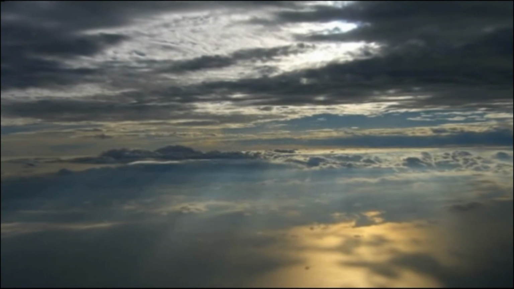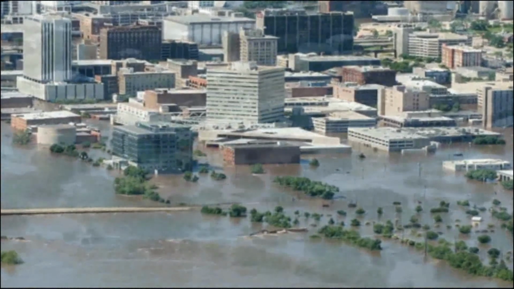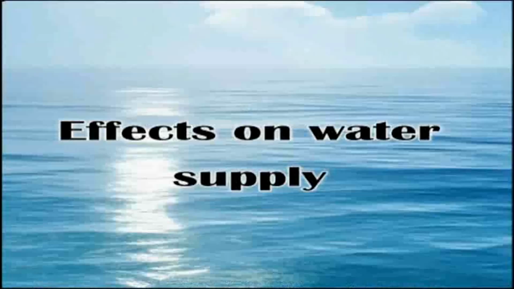Climate change is also likely to cause stronger storms and more floods which can damage crops. Higher temperatures and changing rainfall patterns could help some kinds of weeds and pests to spread to new areas.